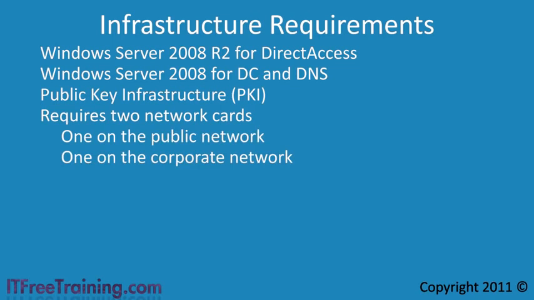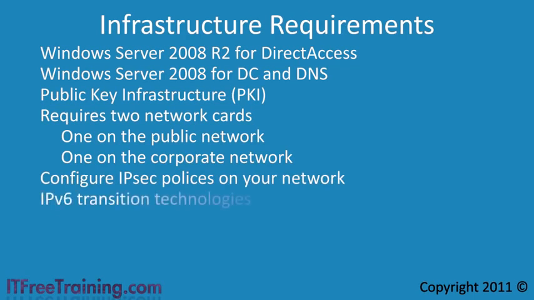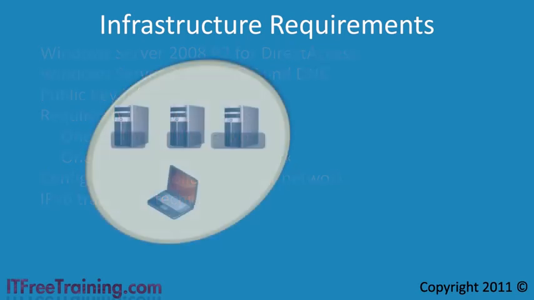Once all this infrastructure is in place, you next need to configure your IPsec policies and IP version 6 transition technologies. There is a lot that goes into DirectAccess, but before I go through showing you how to configure a client to use DirectAccess, I am first going to look a little bit closer at how DirectAccess works.